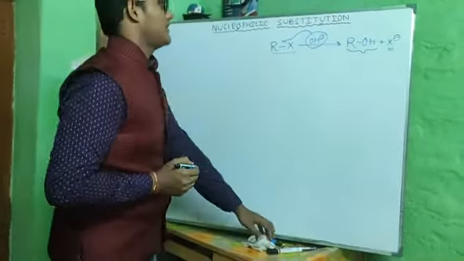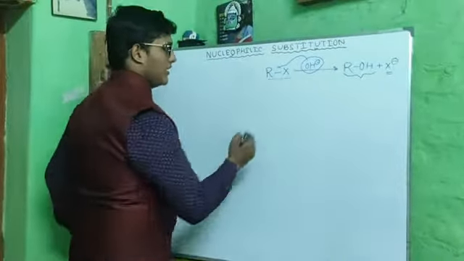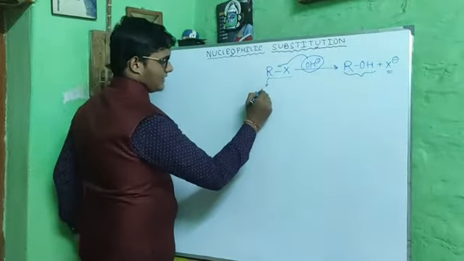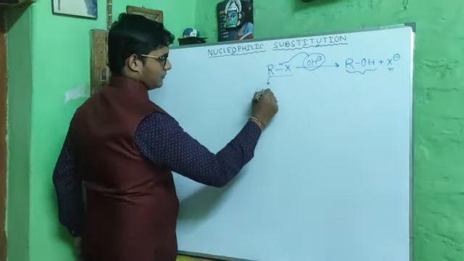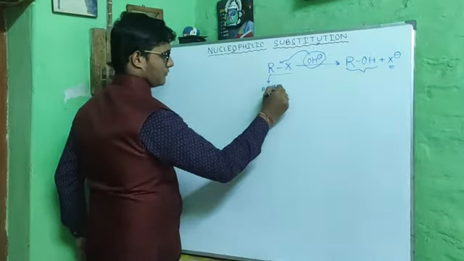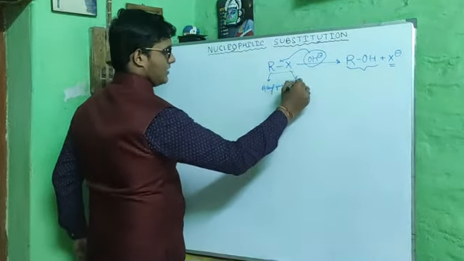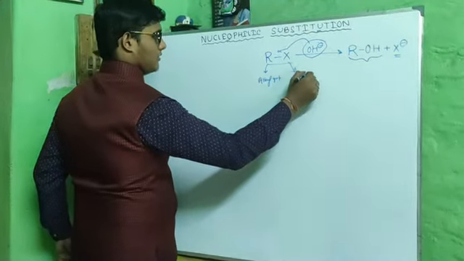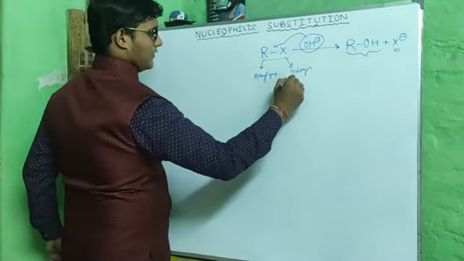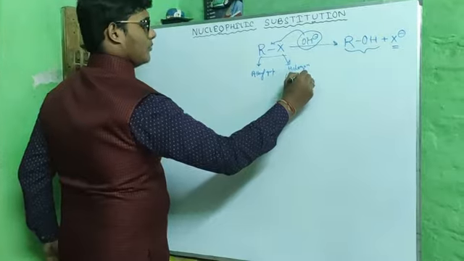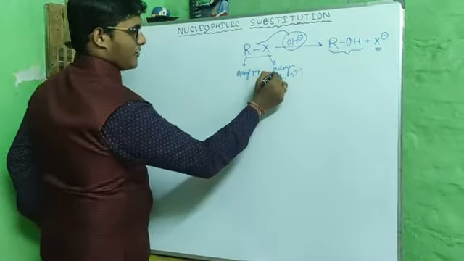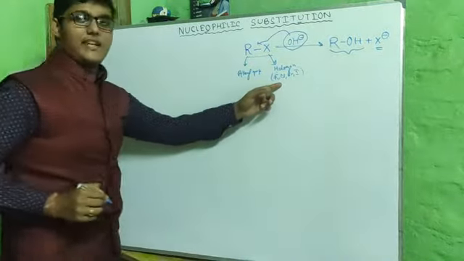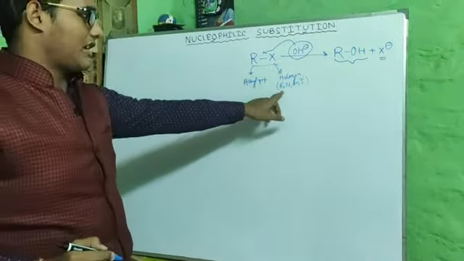So this type of reaction is a substitution reaction. In this case, R denotes the alkyl group, and X denotes any of the halogens, like fluorine, chlorine, bromine, iodine. Here we will not be discussing fluorine, because fluorine is a highly electronegative element.